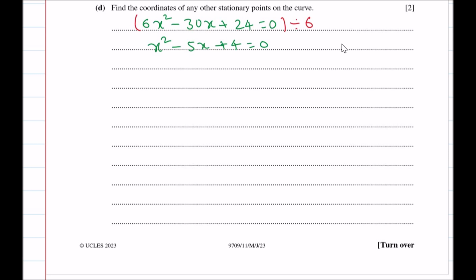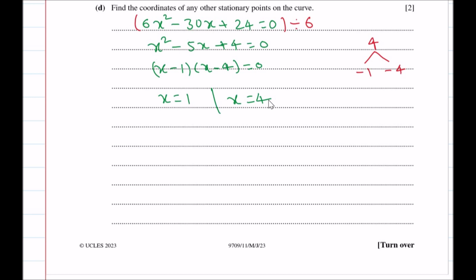Now this can be easily factorized because for 4 we need to find two factors which add up to minus 5. So we get minus 1 and minus 4. When you multiply minus 1 and minus 4, we get plus 4. And when you add these both, we get minus 5. So we get x minus 1 into x minus 4 equal to 0. This gives us x equal to 1 or x equal to 4.